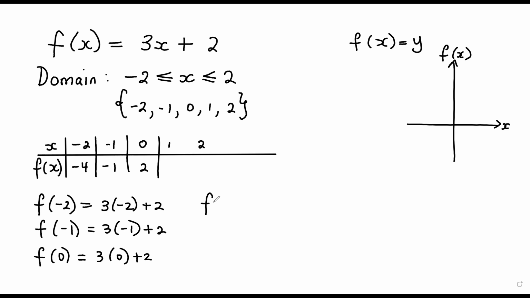When x is 1, that would be f of 1. So that's 3 times 1 plus 2, which will give me 5. And then when x is 2, it'll be 3 times 2, which is 6, plus 2, which is 8.